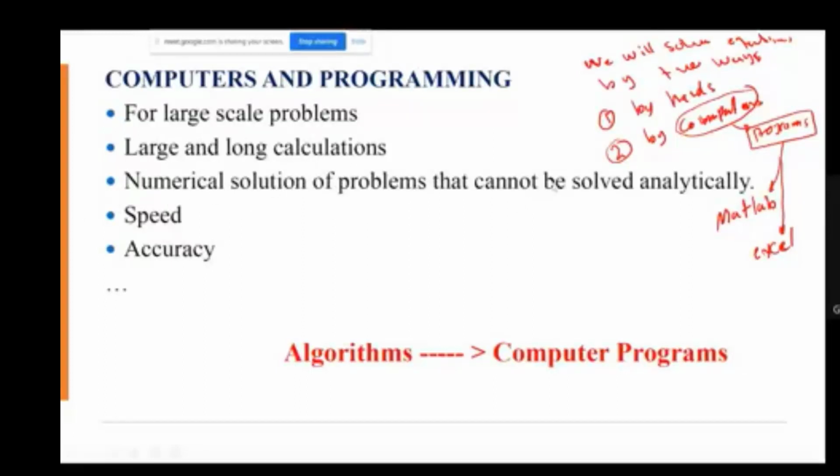Sometimes we cannot solve problems analytically. Then we use a numerical solution by programming.